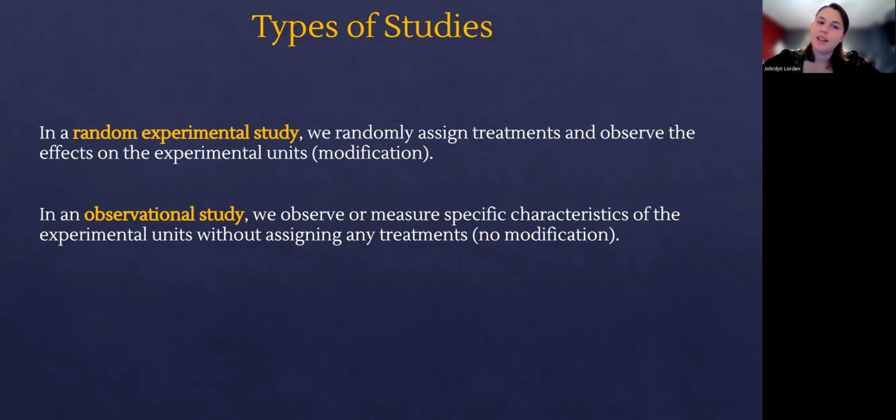However, sometimes there are things that we can't replicate through an experimental study, or we don't have the resources to do so, or it might even be unethical to do so. For example, one of the studies we're going to do later was on the effects of lead in children. It would be unethical to expose children to lead, so we work with what we have. We would not do an experimental study exposing children to lead.